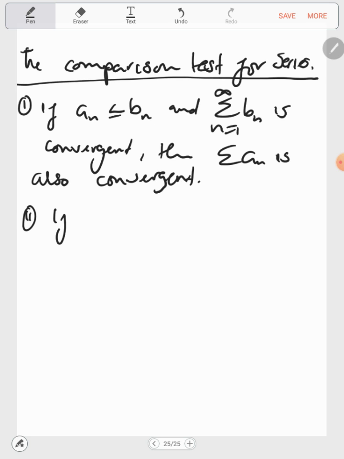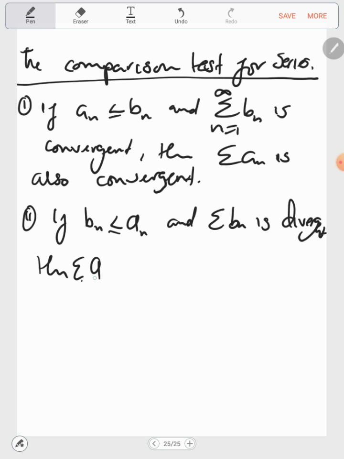And the other rule is that if bn is less than an, and the series bn is divergent, then an is also divergent.